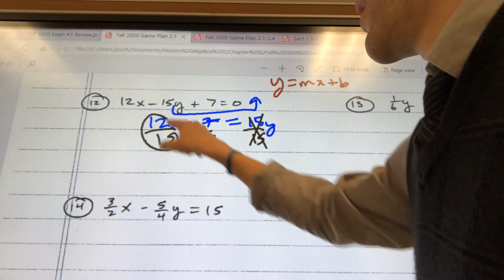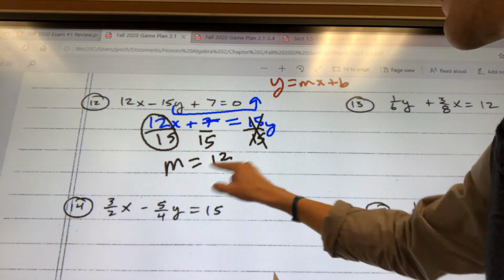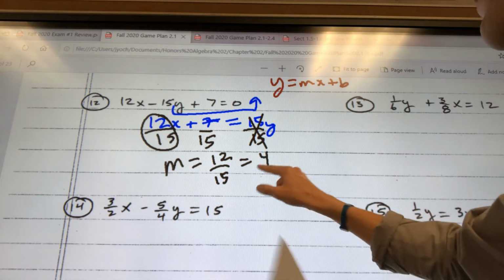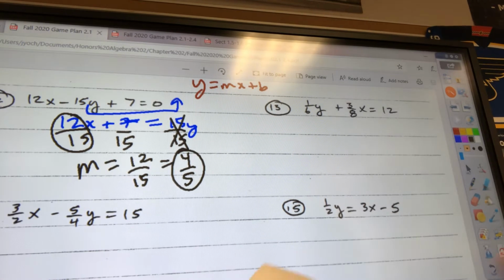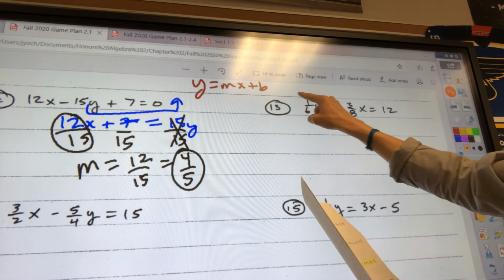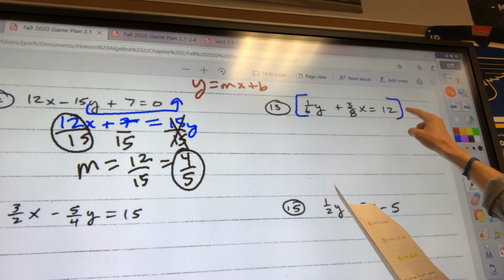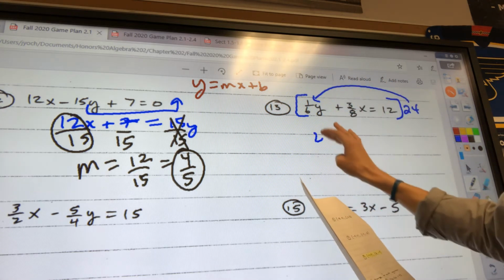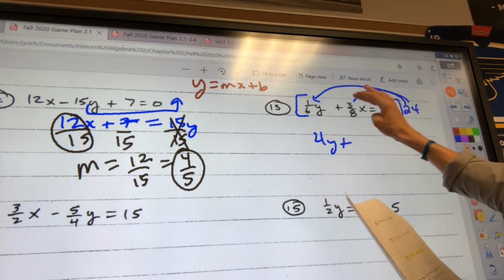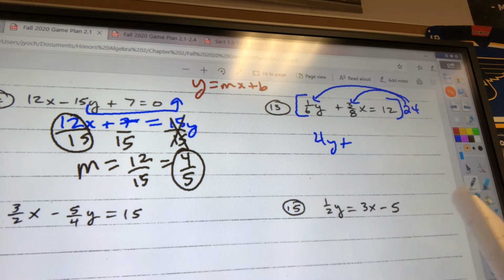So my slope is 12 over 15. 12 over 15 is 4/5. All right? Let's talk about 13. If you want, you could get rid of the denominators. Multiply by 24. 4y plus 24 times 3, 72 divided by 8.